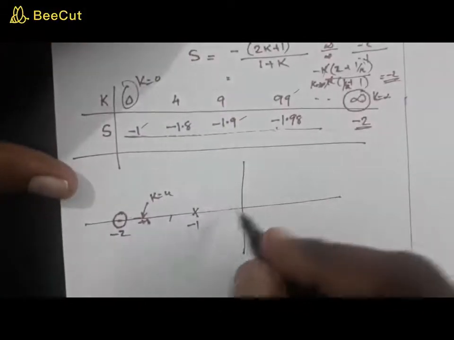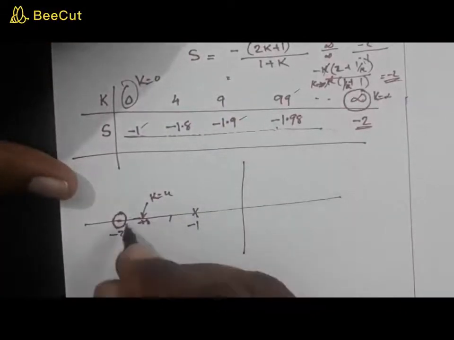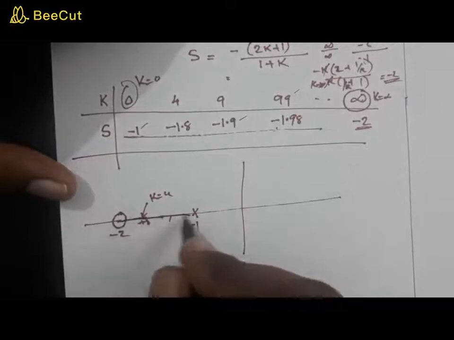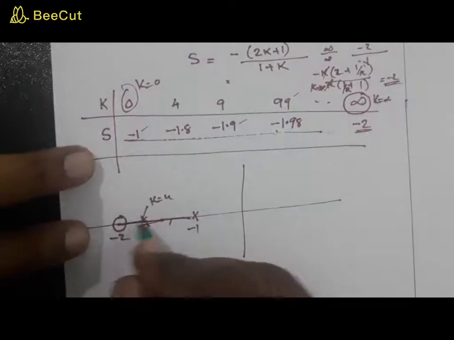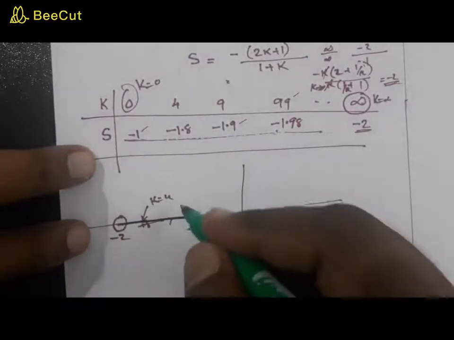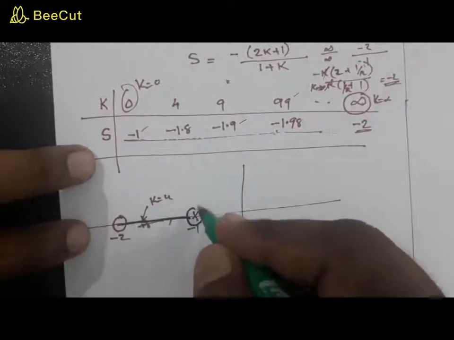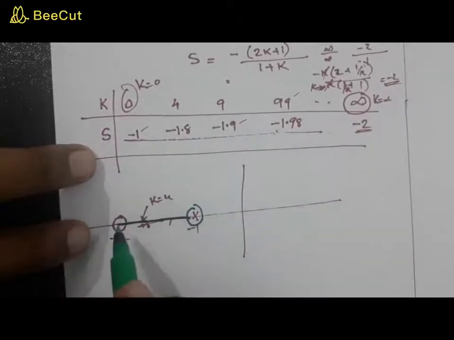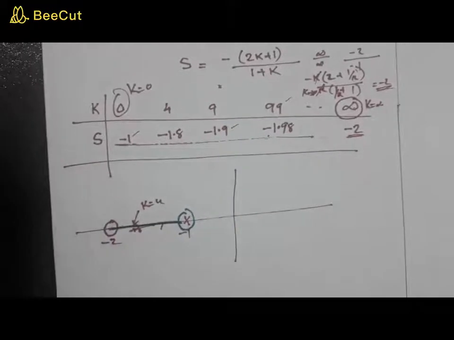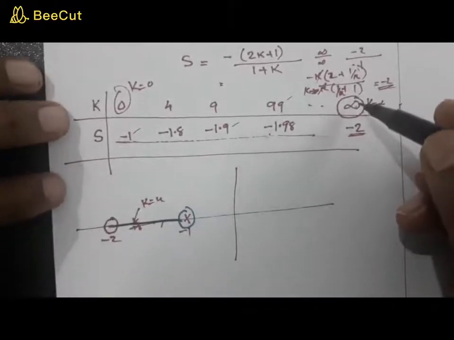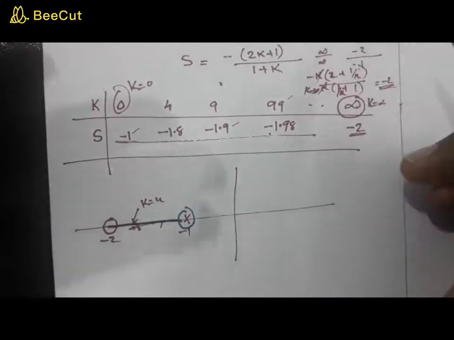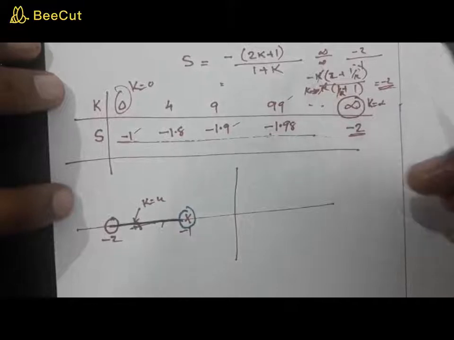Okay, so here in this root locus, so what is a root locus? This is your root locus. The root locus starts from this minus 1 and terminates at 0. So far we have studied that when k is equal to infinity, it may either go to infinity or to some other places, right?